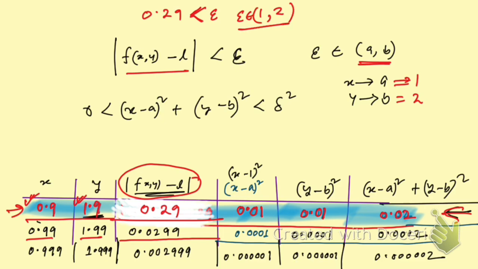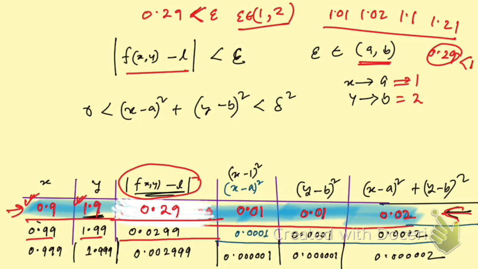Because between 1 and 2 we have numbers like 1.01, 1.02, 1.11, 1.21, such kind of values. So 0.29 is less than 1, so it is obviously less than a number between 1 and 2, right?